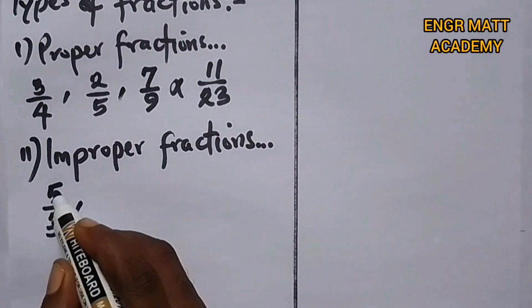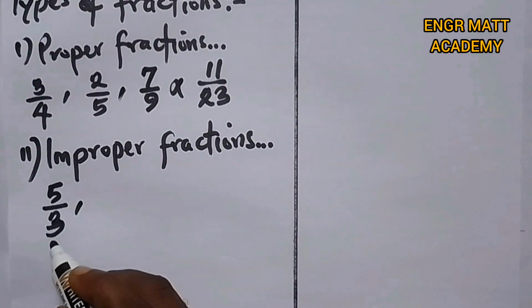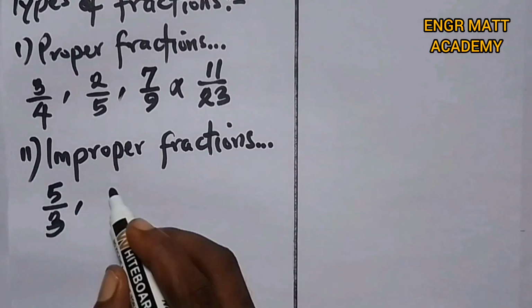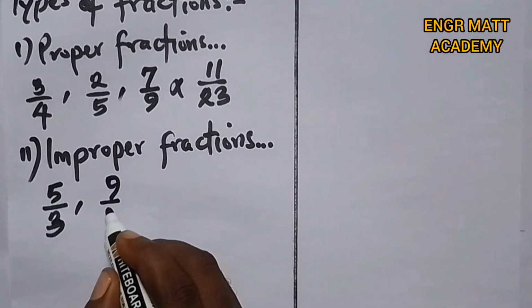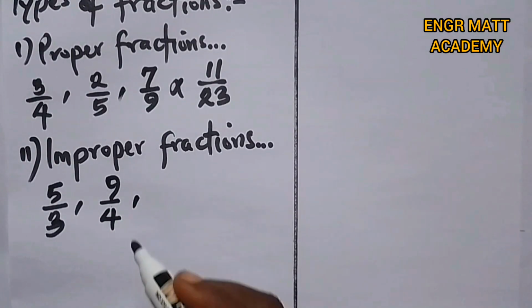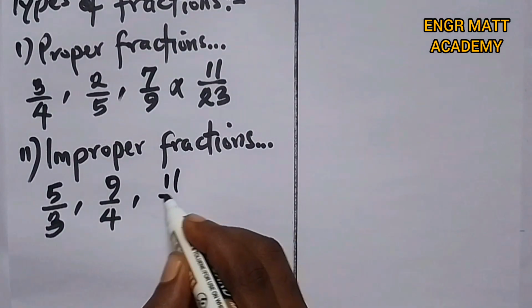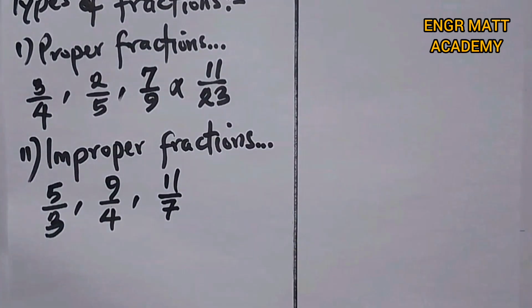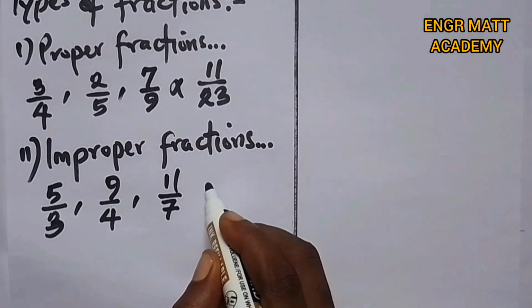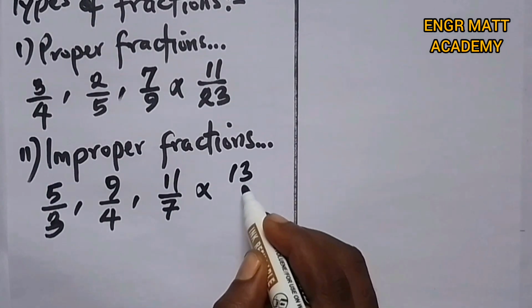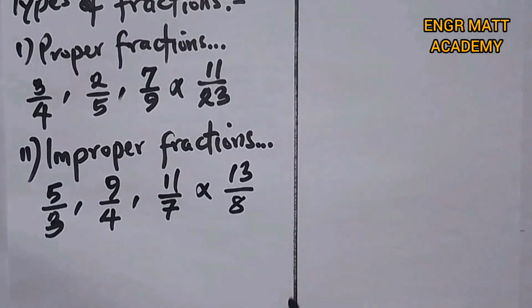Why? The numerator is greater than or bigger than the denominator. We have 9/4, another improper fraction. You know the reason. 11/7 is an improper fraction, and 13/8 is another improper fraction.